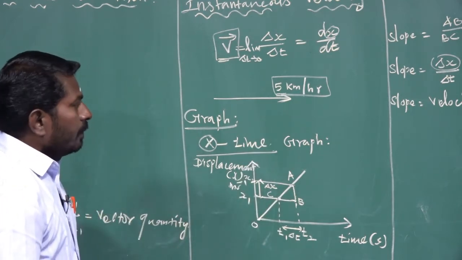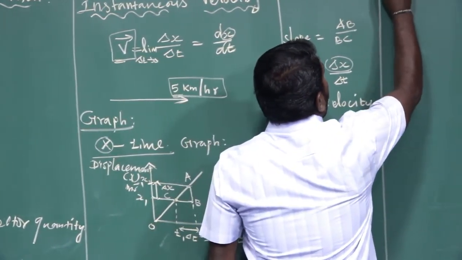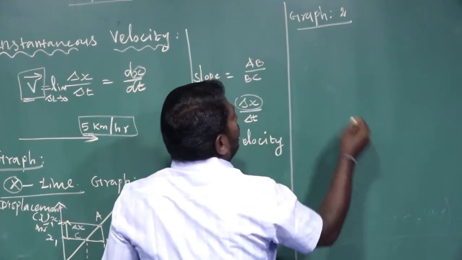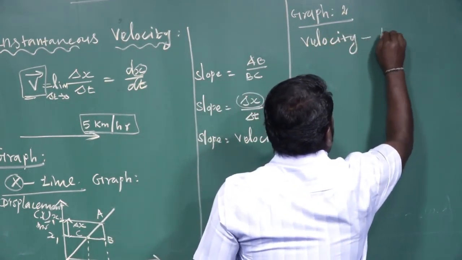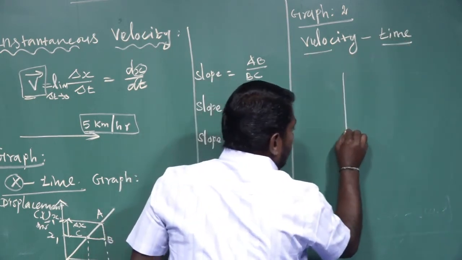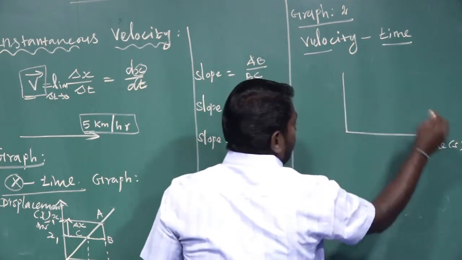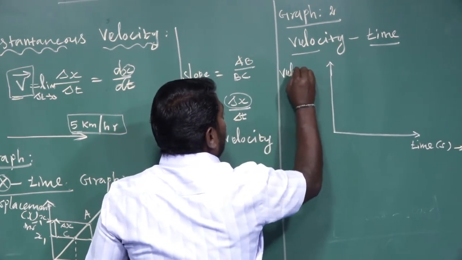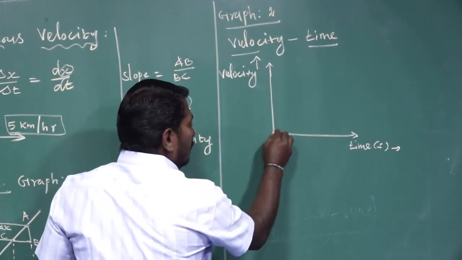Next, the velocity versus time graph, graph 2. We plot the graph with time taken along the x-axis and velocity taken along the y-axis, starting from the origin of the graph.